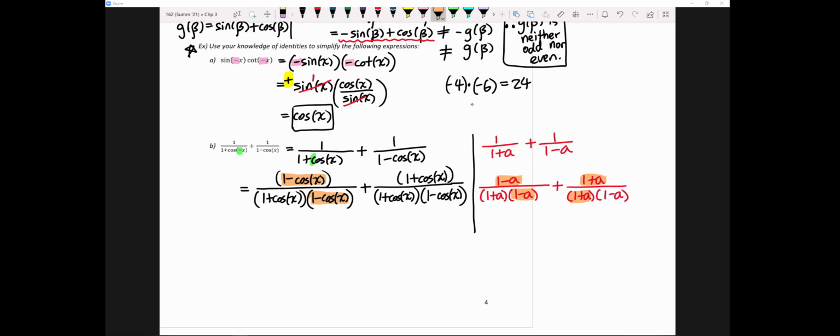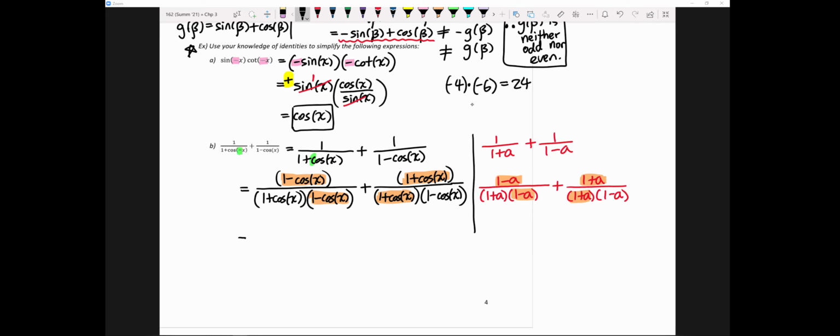So all we did here is get a common denominator, because a common denominator allows us to combine the fractions. The first fraction, to write it equivalent with the LCD, we had to multiply 1 minus cosine of x top and bottom. Second fraction, to write it equivalent with the LCD, we had to multiply in 1 plus cosine of x top and bottom.